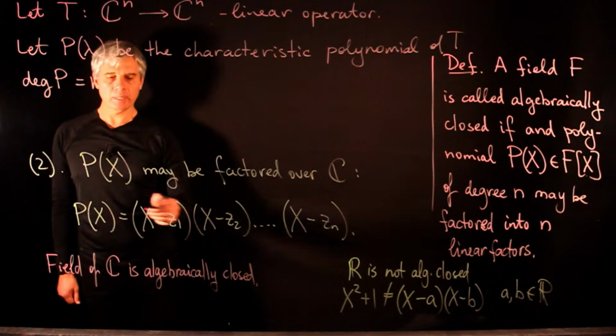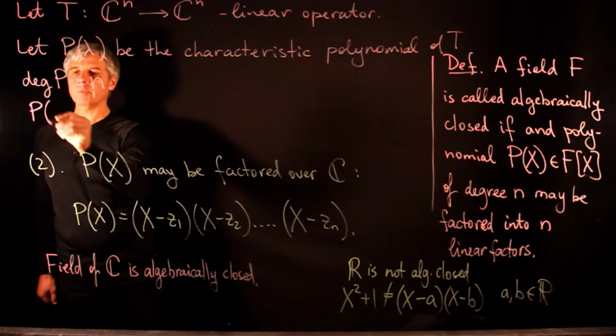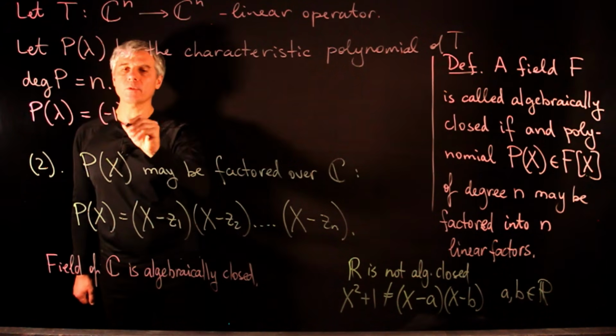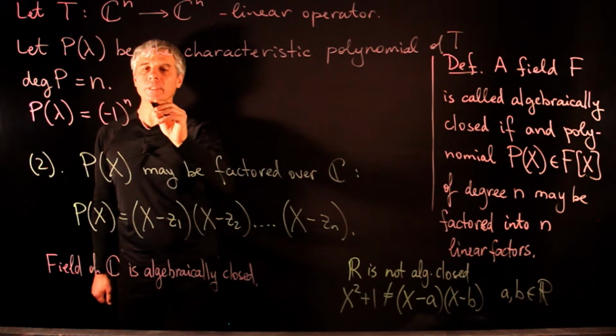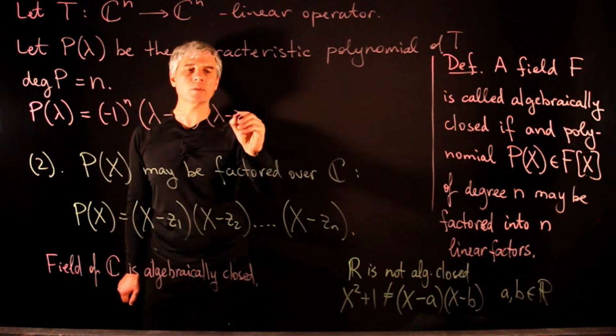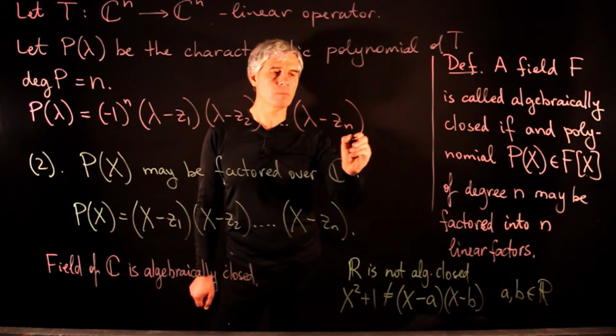By this theorem, this characteristic polynomial may be factored. So we can write P of lambda as, well, the leading coefficient is minus 1 to the power n, and then we have factorization. Lambda minus z1 times lambda minus z2 dot dot dot lambda minus zn.